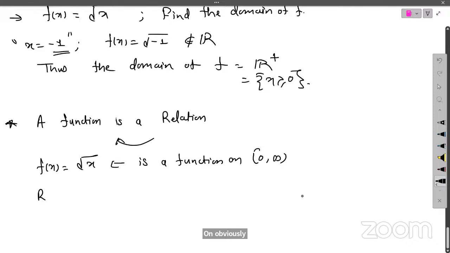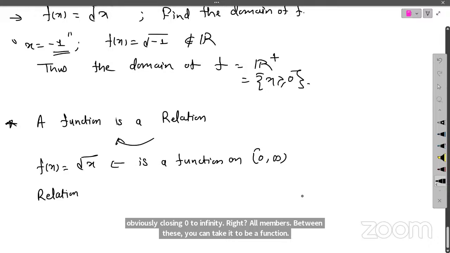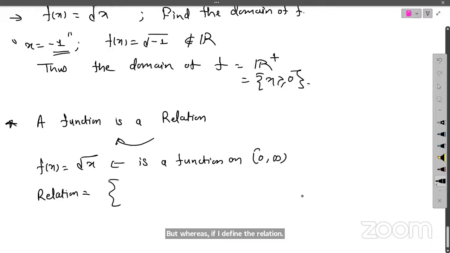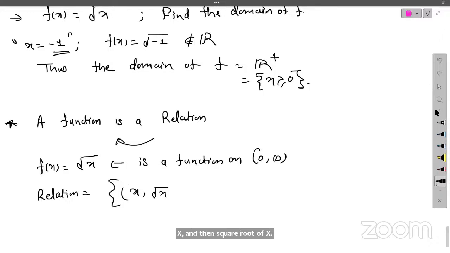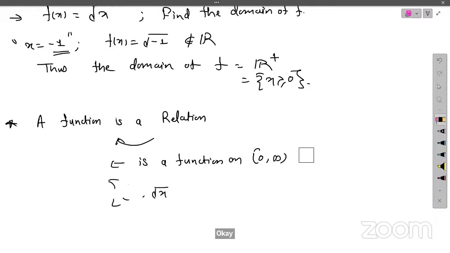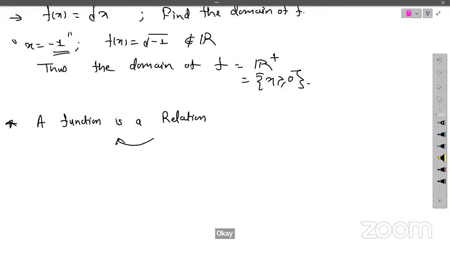But if I define the relation as x and then square root of x, we know that every function is a relation. So if I have a function, then it's obviously a relation. I can give you a finite example, but this particular infinite example, I don't think so.